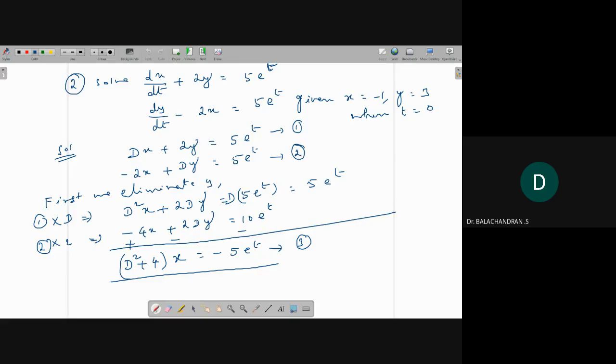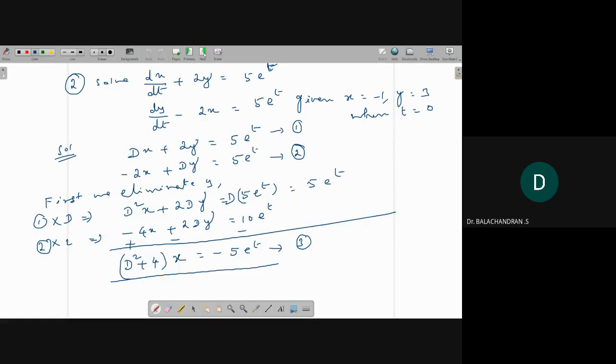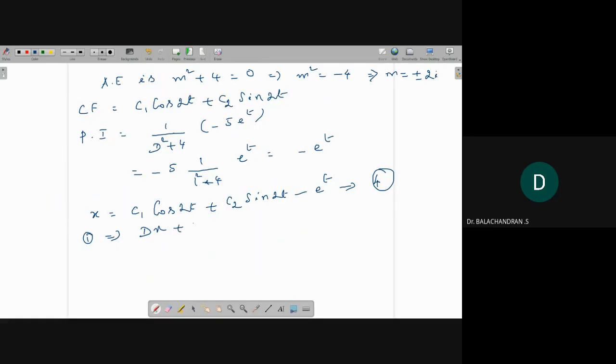Okay, now equation 1 implies Dx plus 2y equal to 5 into e power t.